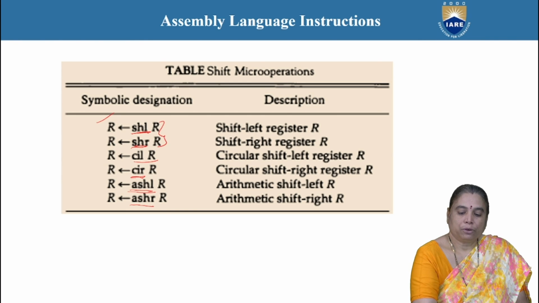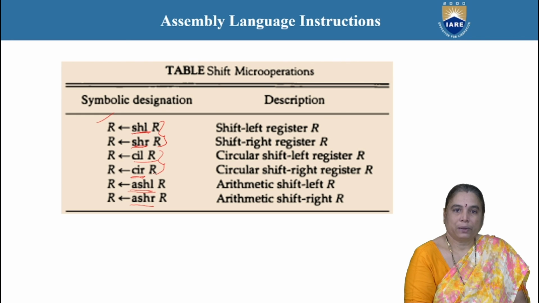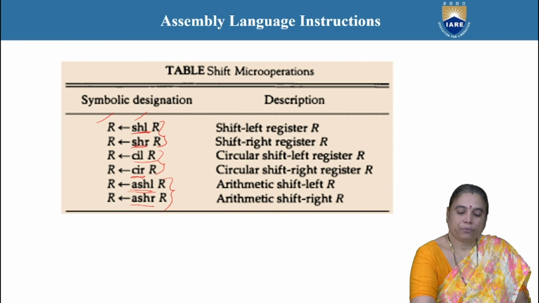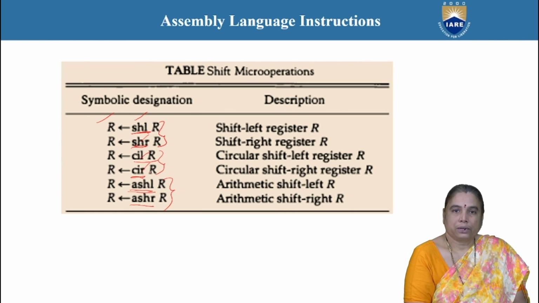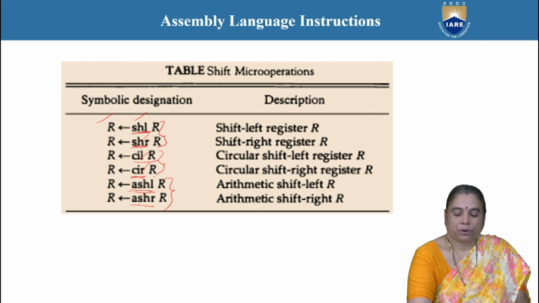These two pertain to the logical shift operation, these two are the circular shift operations, and these two are the arithmetic shift operations. In the 3 categories, SHL and SHR represent left shift and right shift, CIL and CIR represent circular left shift and right shift respectively, and ASHL and ASHR are used to represent arithmetic shift left and arithmetic shift right respectively.